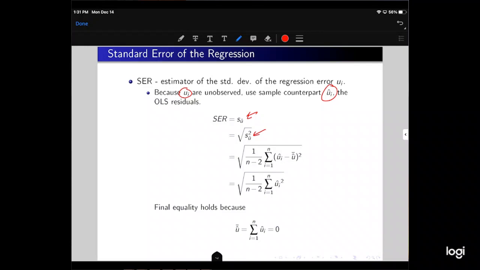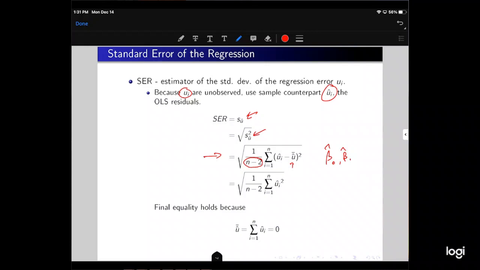The formula is written here. It's going to be 1 over n minus 2. The minus 2 is a correction for degrees of freedom. We're estimating the regression with 2 degrees of freedom, beta hat 0 and beta hat 1. And we're summing up over all the residuals minus their means, the sample averages, and then squaring those values.